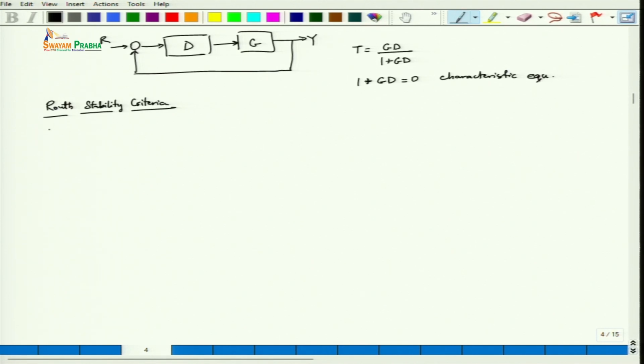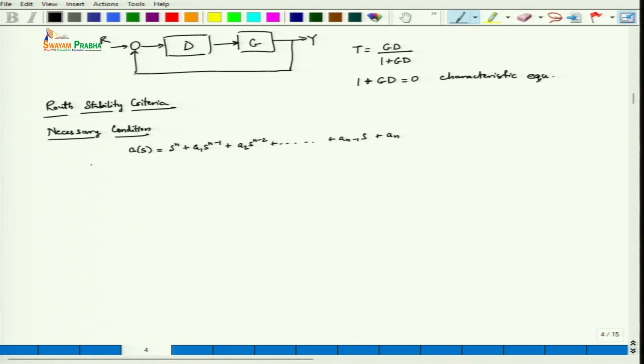The first thing is we will study the necessary condition. Say 1 plus GD equal to 0 gives us a polynomial of the form a(s), which is s to the power n plus a1 s to the power n minus 1 plus a2 s to the power n minus 2 and so on till a(n-1) s plus an.